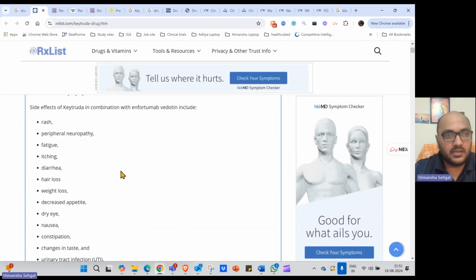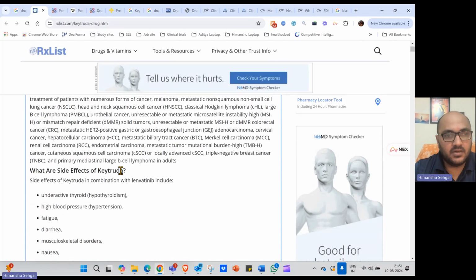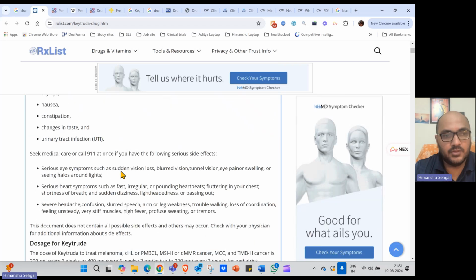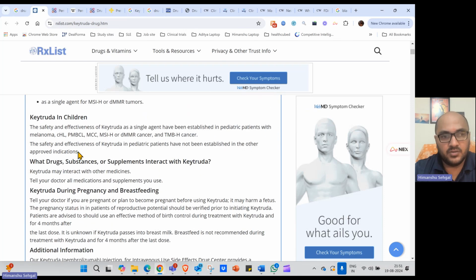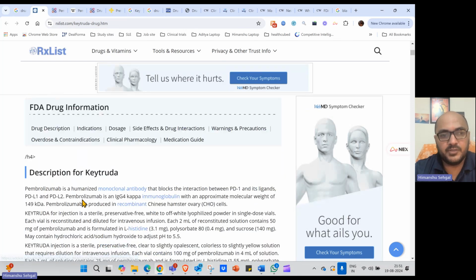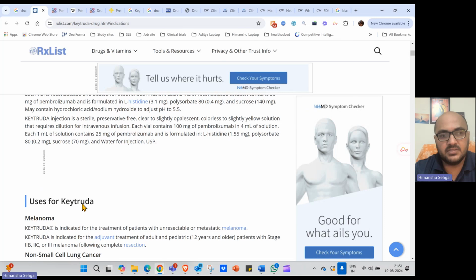Okay, so I'm back. So you can see a lot of side effects information is given here, dosage, in combination with what, about children. So the way of presenting on RxList is slightly different, and the way of presentation on DrugBank is slightly different. So you'll get a lot of information from here.